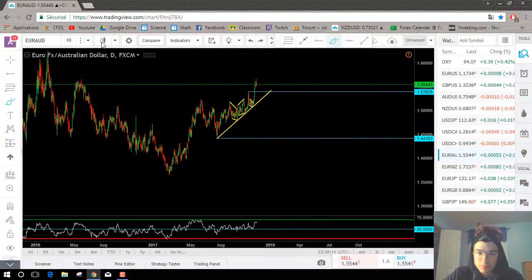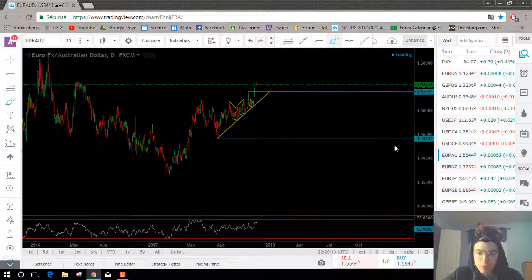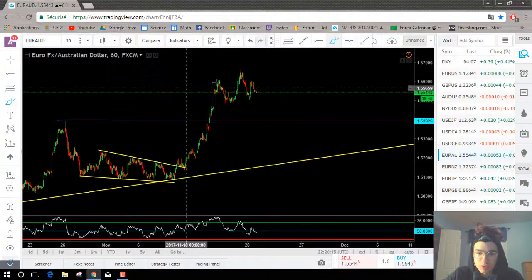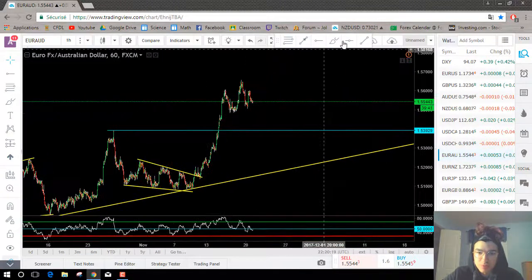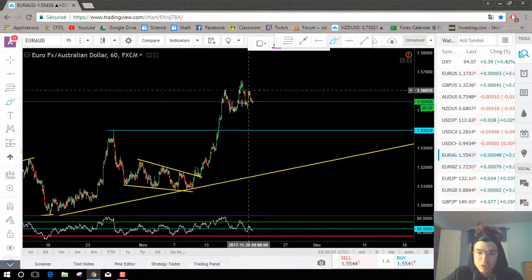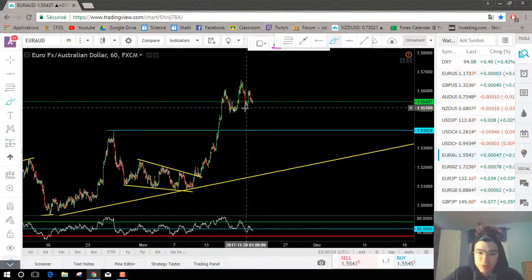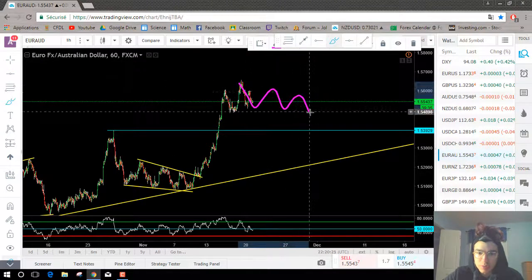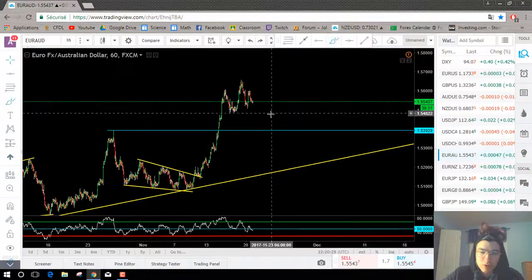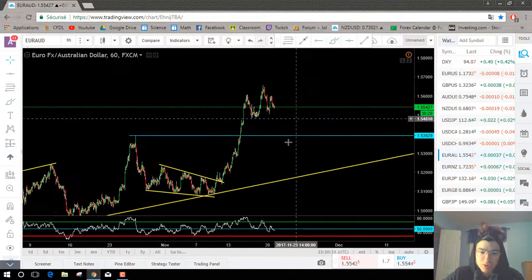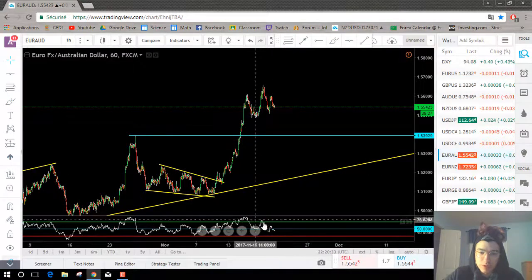So let's go down to the 1 hour, and as you can see, we are starting to make a big correction, a bigger correction I think. Now it's very small, right? It's just starting, so we cannot tell what it is right now. I think it will actually develop for the rest of the week and maybe even the next couple of weeks. We also have divergence and overbought.